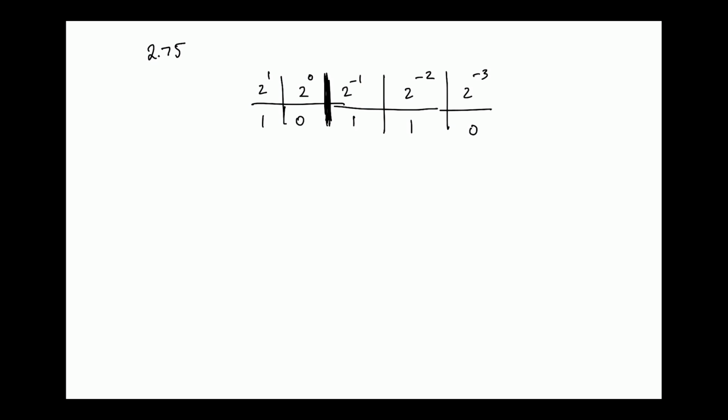And I've put a real thick line there to indicate where the decimal point is. Okay, so I'm going to write this as 10.110, and then I'll write it times 2 to the 0. What is 2 to the 0, by the way? So I'm not actually changing anything if I just multiply by 1. Okay, but I'm writing it that way for a reason that'll become clear in a moment.